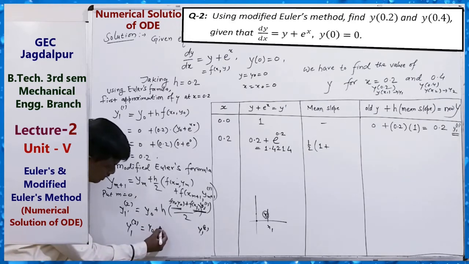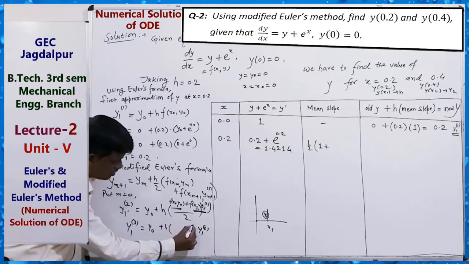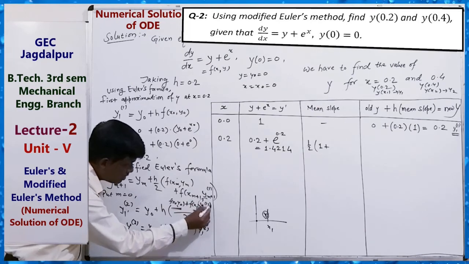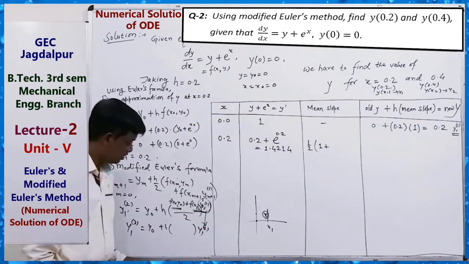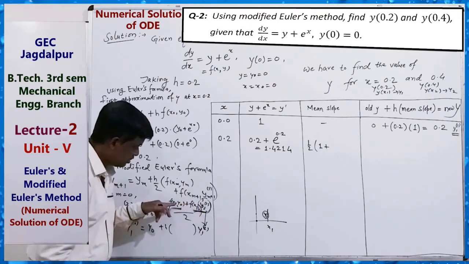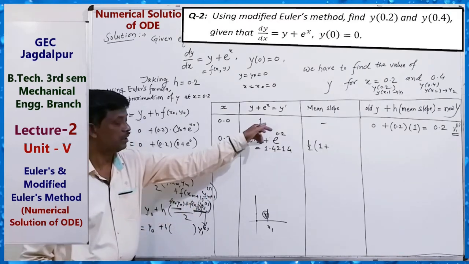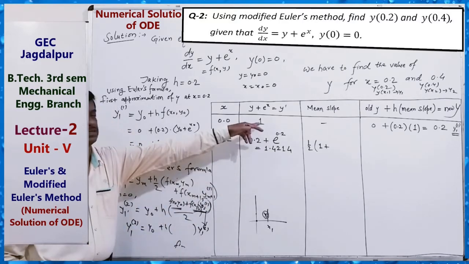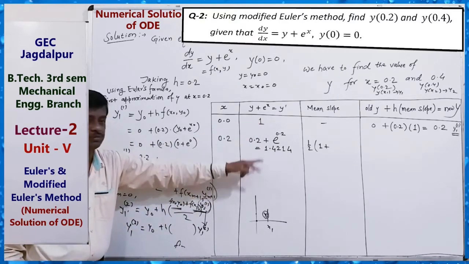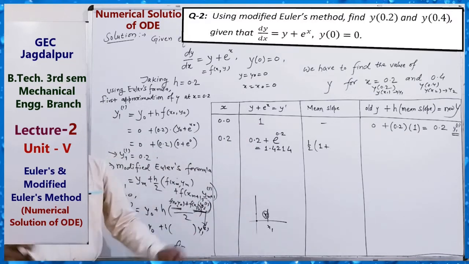Clear? So we get this plus h times the average, and just this part is different. So we calculate the average, this means 1, and further it is also f(x0, y0). This plus this by 2, this plus this by 2, and so on.